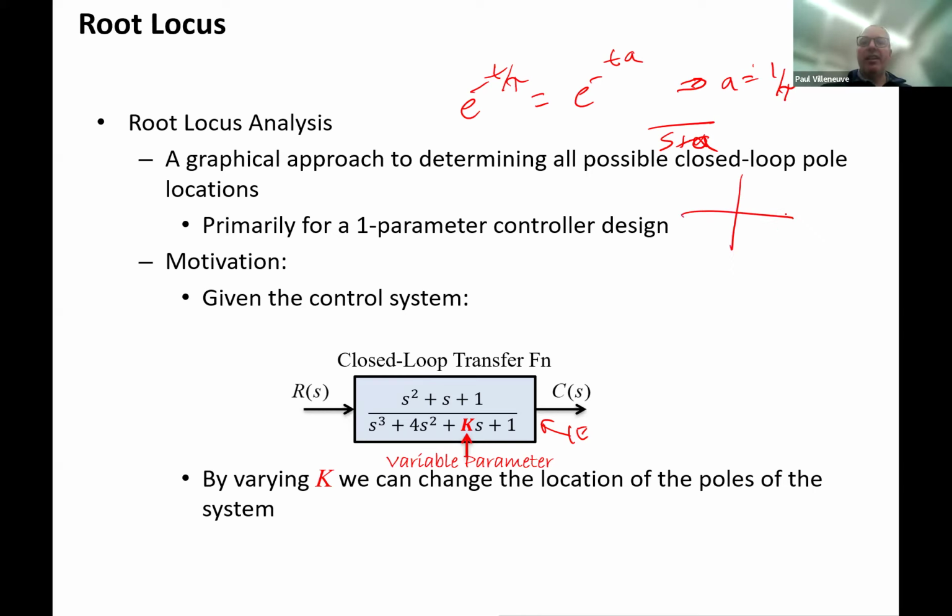So if we want to have an A way over here, let's say it's a value of 10, well, our time constant is just equal to 1 over A. So it takes 0.1 seconds. So a faster decaying system means getting far away from the real axis, right? We talked about that. So if we have performance criteria where we're trying to get some sort of characteristics, we can plot the roots all at one point.